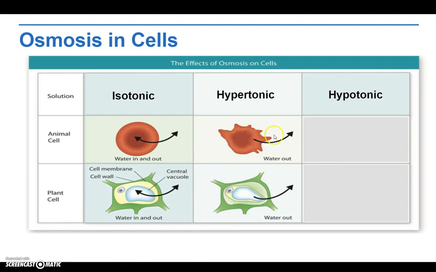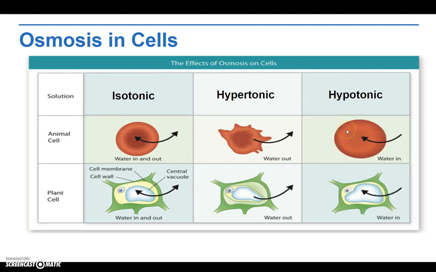So the water moves out. That makes the cell look really shrunken down and odd looking. And this happens with plants. When too much water leaves the plant cell, the plant will wilt. Hypotonic means that there is less solute on the outside, and the water is going to move into the cell.